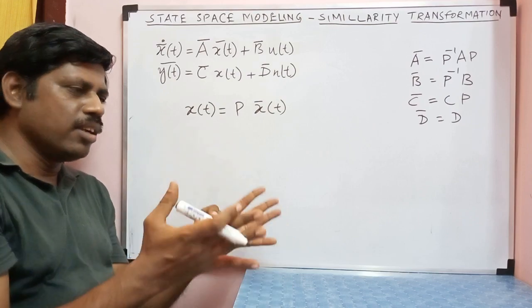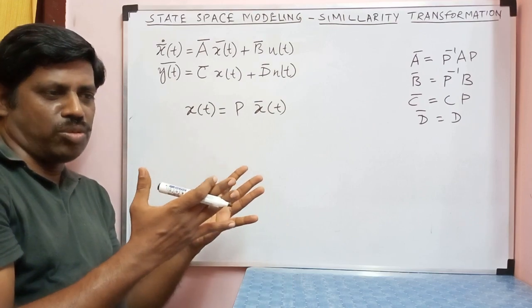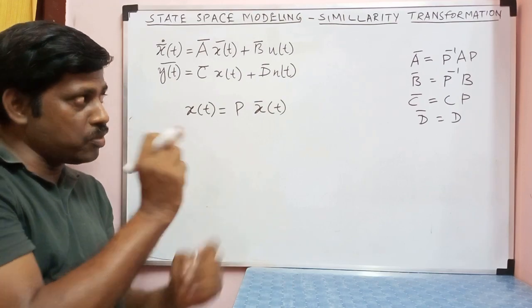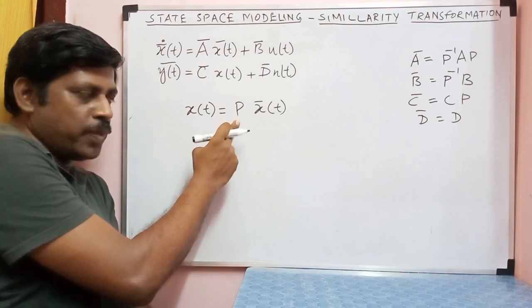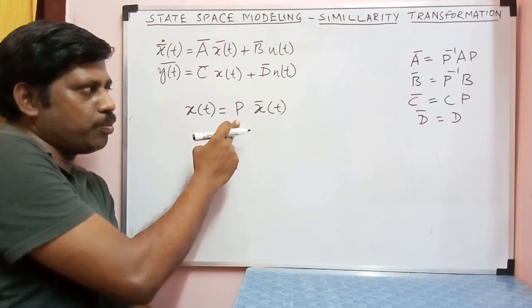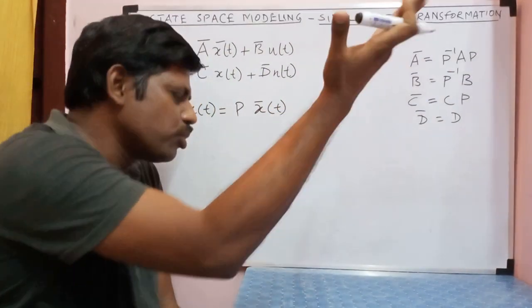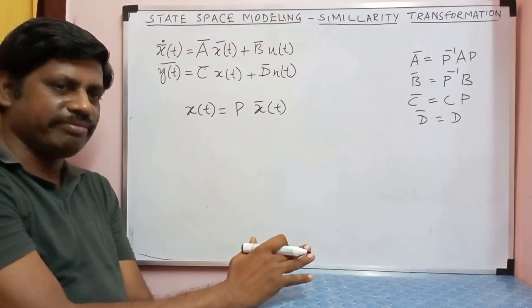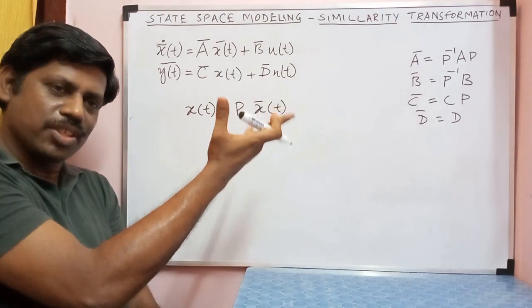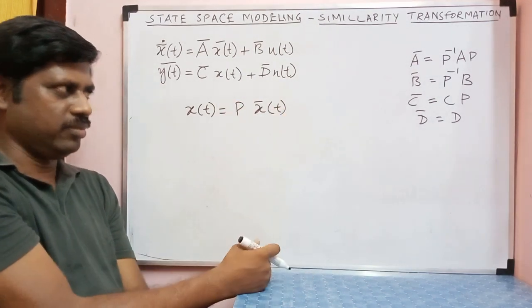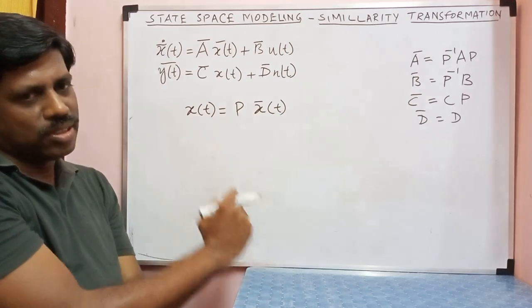They result in very interesting, standard structures for some specific values of P. If I use a specific P matrix, these matrices look beautiful, otherwise not. That is what is interesting.